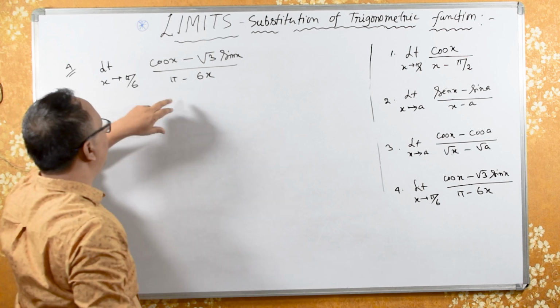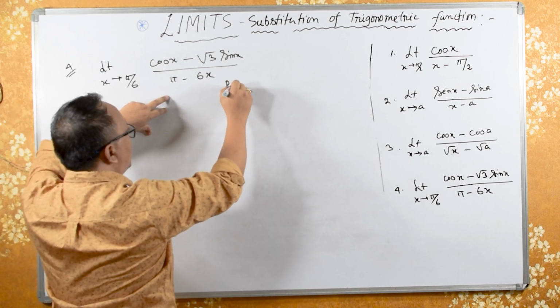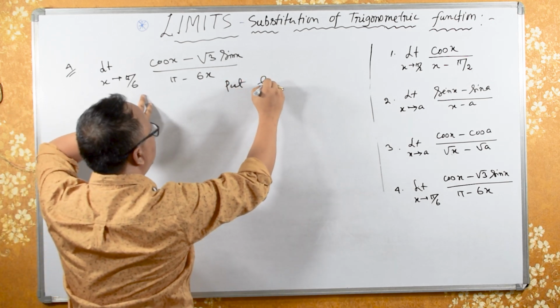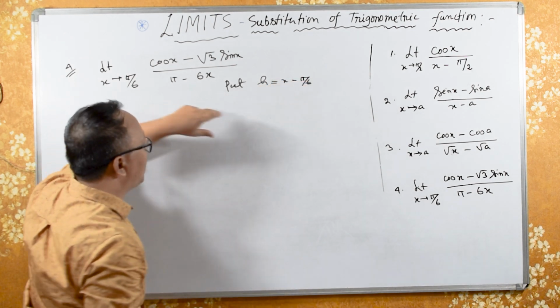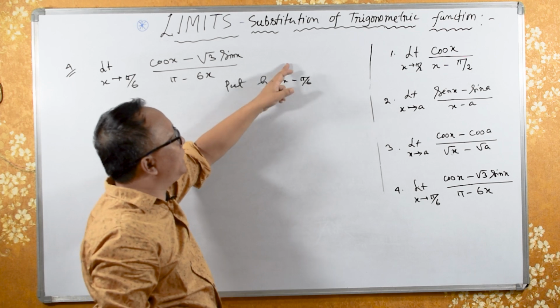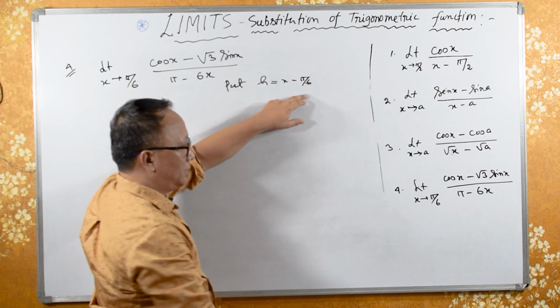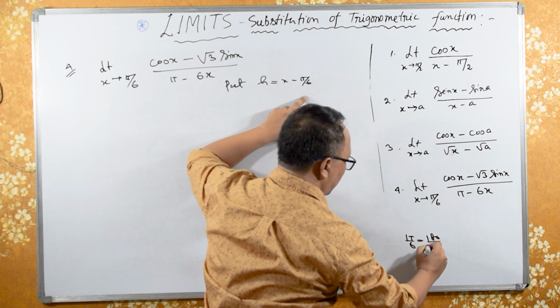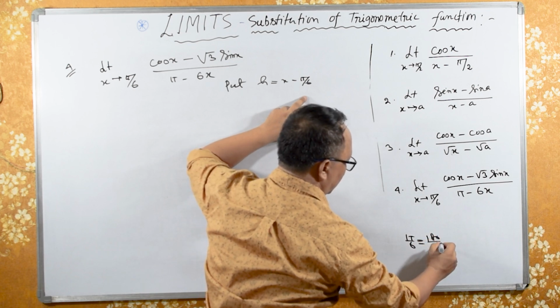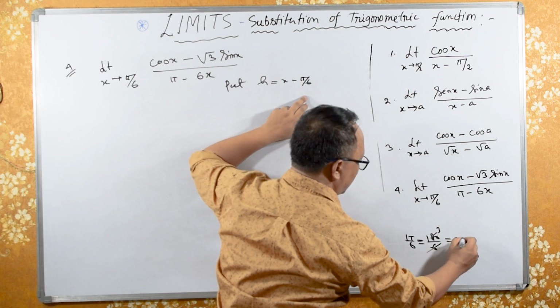Similarly we have to substitute h equals x minus pi by 6. What is pi by 6? 180 upon 6 is 30 degree. Pi by 6, which is the same as 180 in terms of degrees divided by 6, is 30 degree.